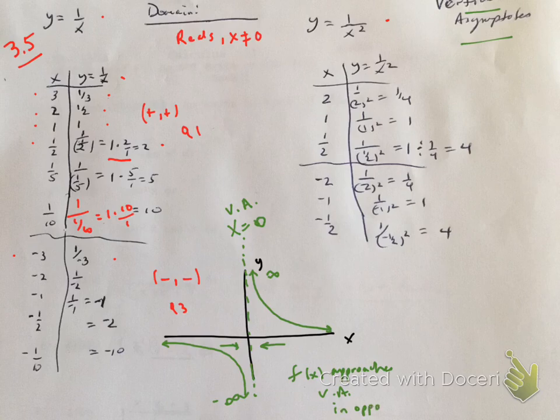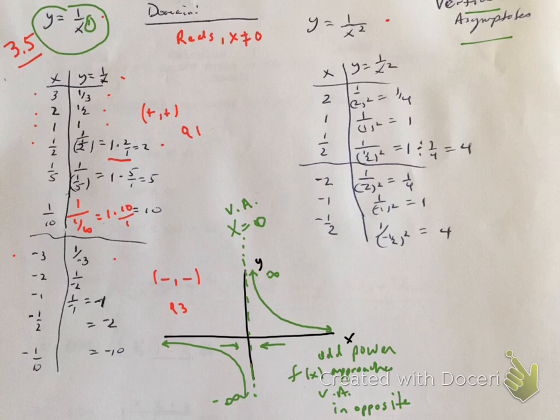And this is important that you recognize this, because that's going to be because this power up here is to the first power, an odd power. So because that's an odd power, for that number that you've excluded, the graph approaches the vertical asymptote in opposite directions.